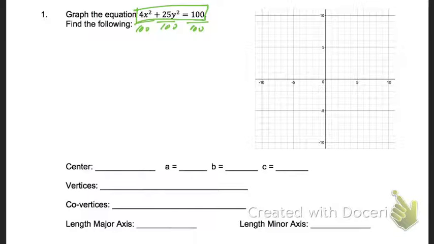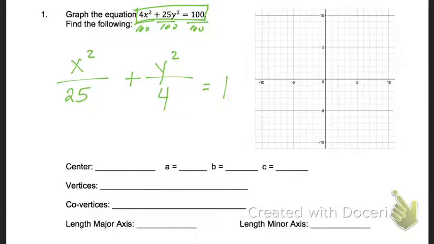And so 4 divided by 100 is what? 25, or I guess 100 divided by 4, plus y squared over 4 equals 1.